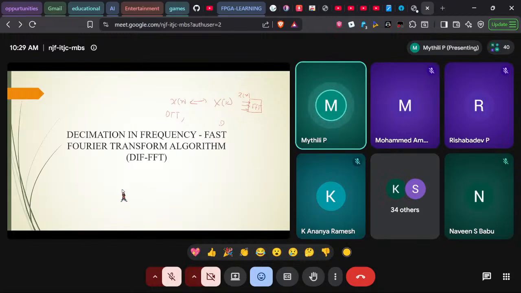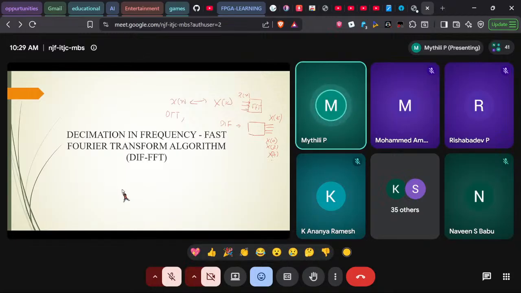But in decimation in frequency, the difference is on the output side, where the x of k's which we are finding will be decimated. So you will have the even on the top: x of 0, x of 2, x of 4, like that, and the odd will be at the bottom.